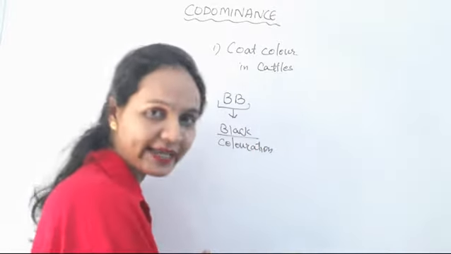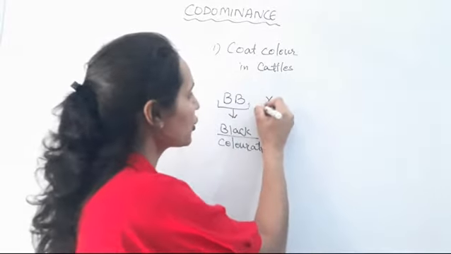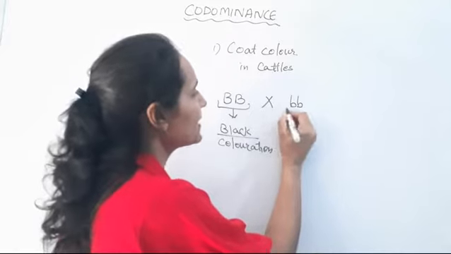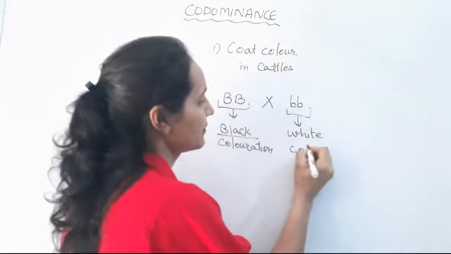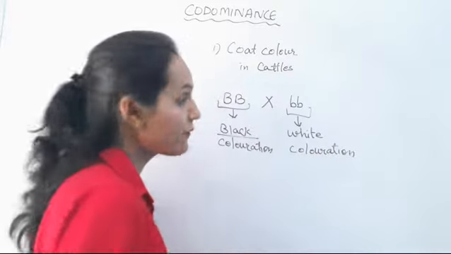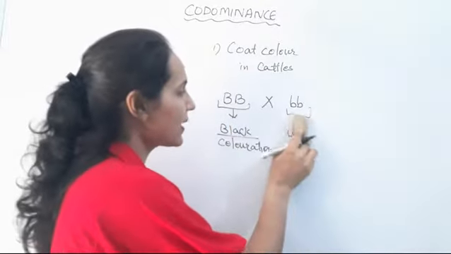These are the alleles which code for the black coloration. If we cross this capital BB with the small bb, which controls white coloration in cattle, what is the result we are getting?